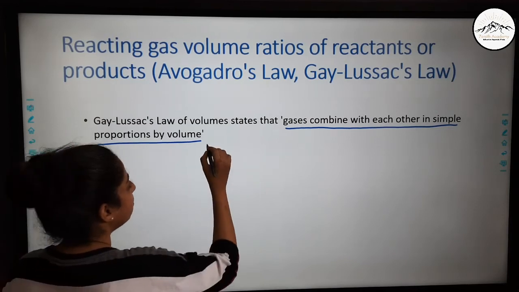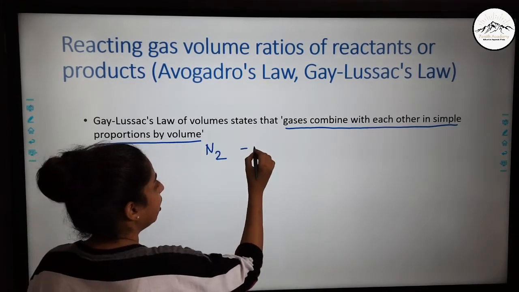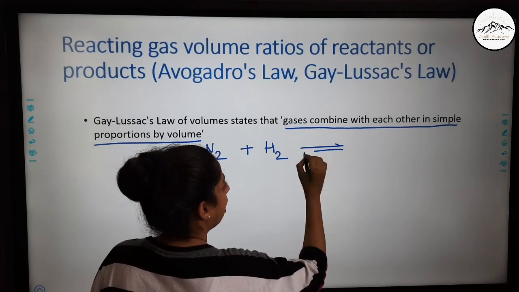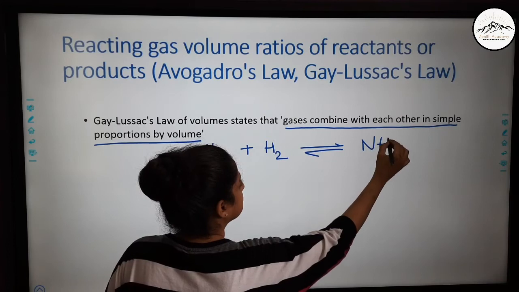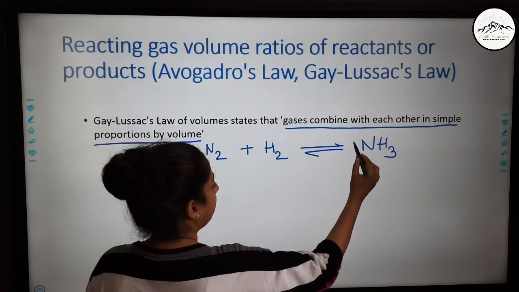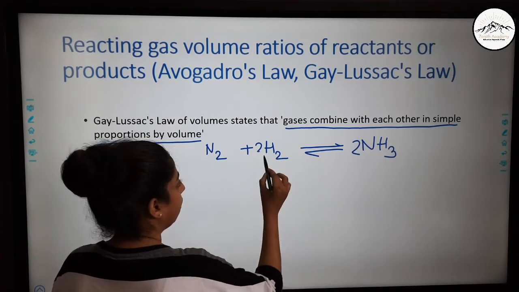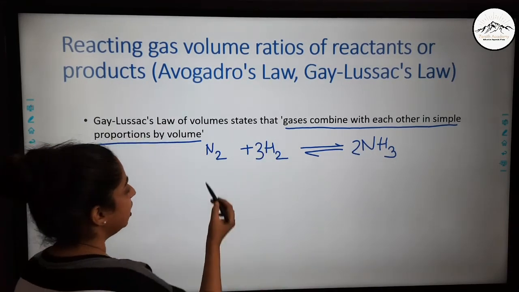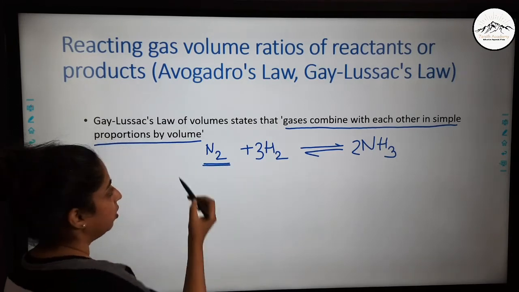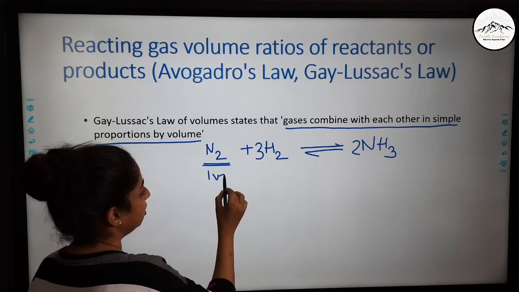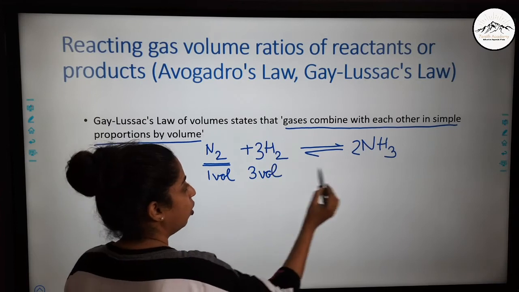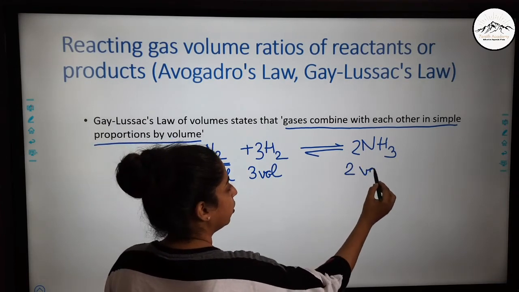For example, when we say nitrogen is reacting with hydrogen to form ammonia, so when we balance it, we see that when we take some particular volume of nitrogen, that one volume, we write it this way: one volume of nitrogen reacts with 3 volumes of hydrogen to form 2 volumes of ammonia.